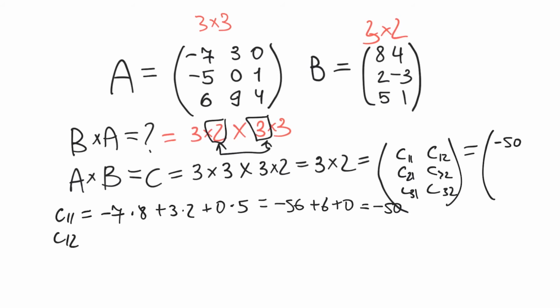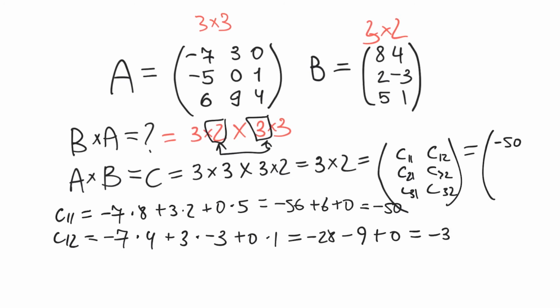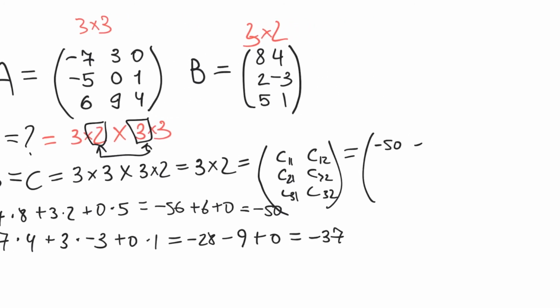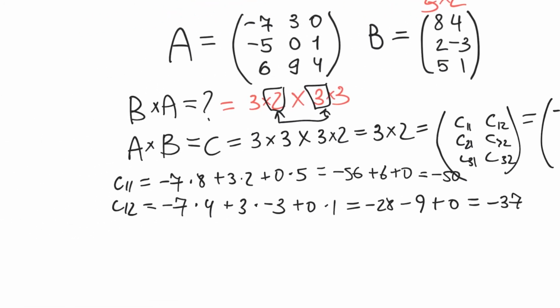C12 is going to be -7 times 4 plus 3 times -3 plus 0 times 1. That equals -28 minus 9 plus 0, which equals -37. So we have our second element, -37.